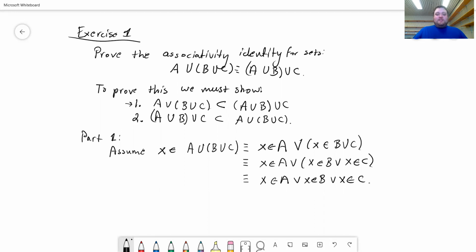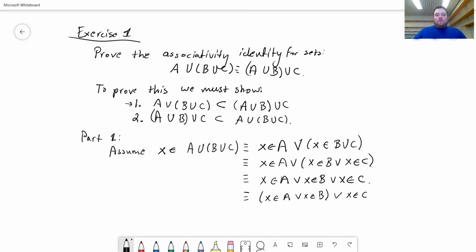Okay, and so now we want to, from here, construct A union (B union C). And so we can move the brackets around using our associativity law with respect to or, to X is an element of A, or (X is an element of B, or X is an element of C). And now we're going in the reverse direction.